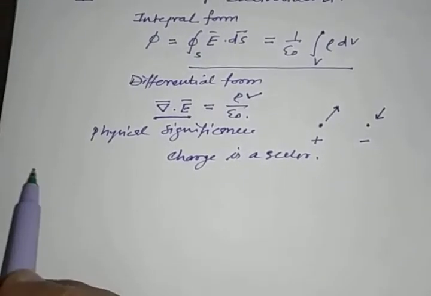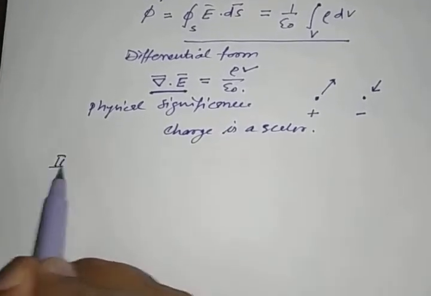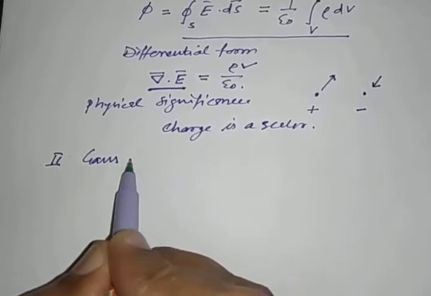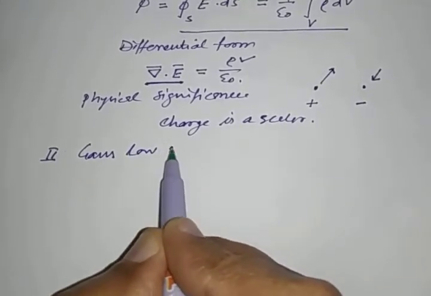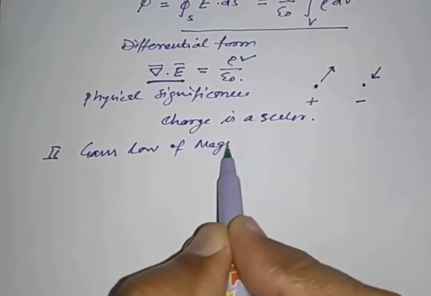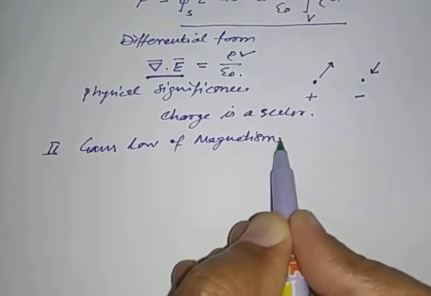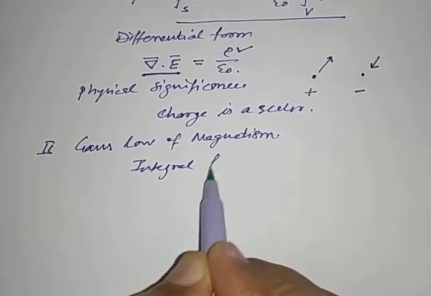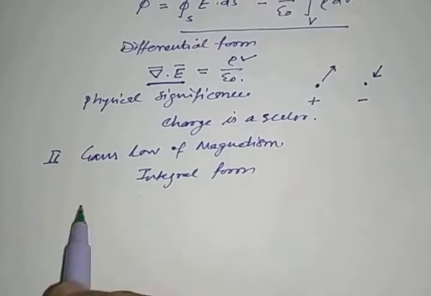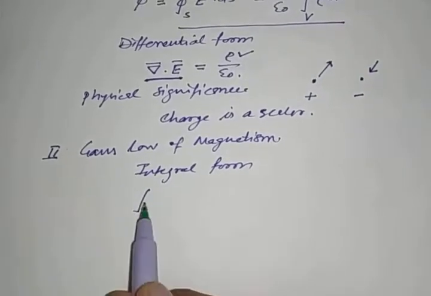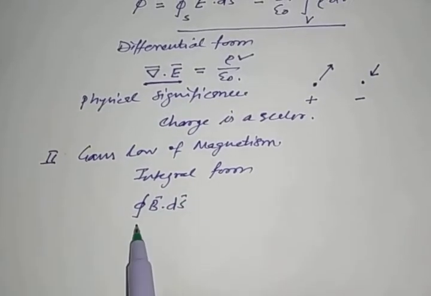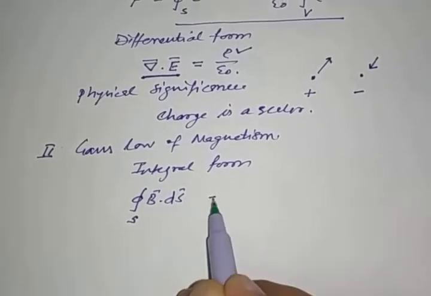The second Maxwell equation is derived from Gauss law of magnetism. The integral form says that the magnetic flux B dot ds is 0.